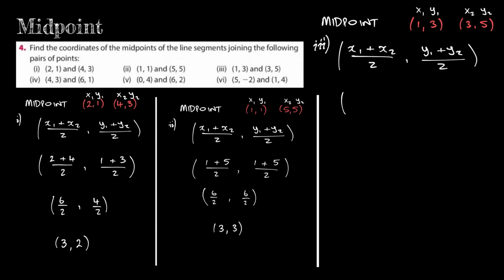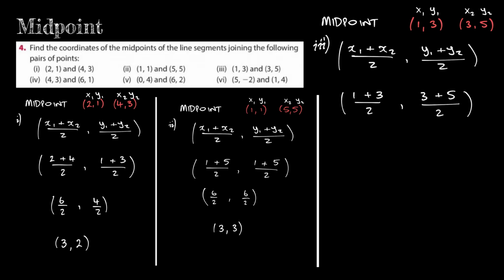So x1 is going to be 1 plus x2, which is going to be 3, all divided by 2, comma, y1 is going to be 3 plus y2, which is going to be 5, all divided by 2. And you can see exactly where those values come from. x1 is 1, x2 is 3, y1 is 3, y2 is 5.